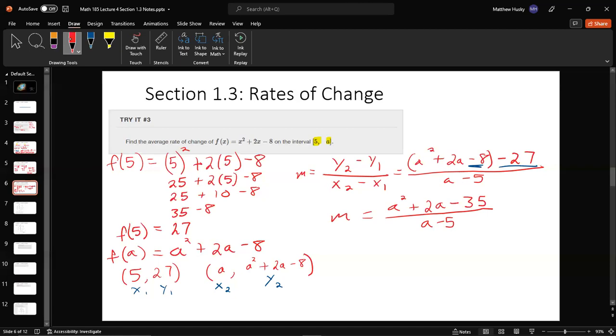This will be as good a time as any to remind ourselves how factoring works. So if you've got a squared plus 2a minus 35, so to get a squared, you'd have like an a and an a. To get 35, that could come from 5 times 7.